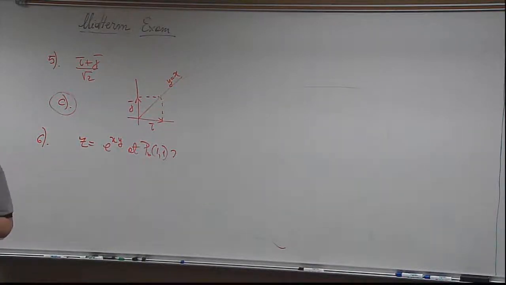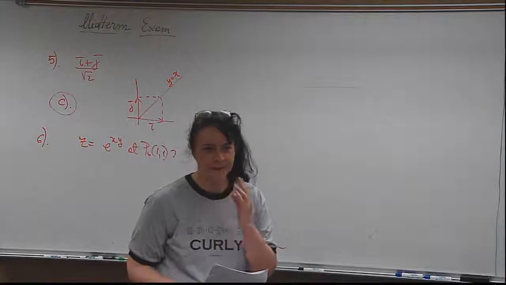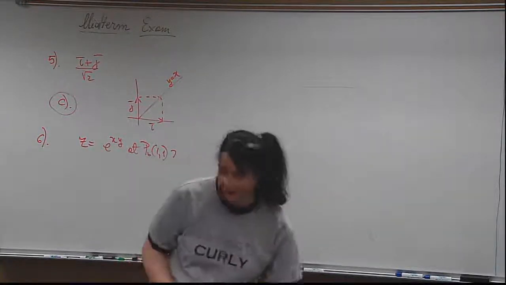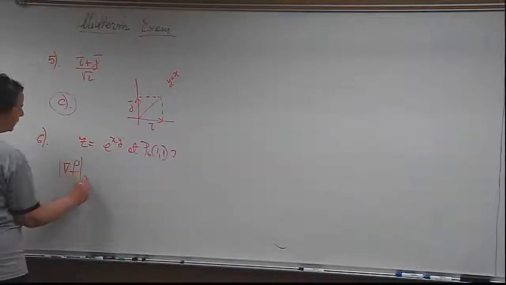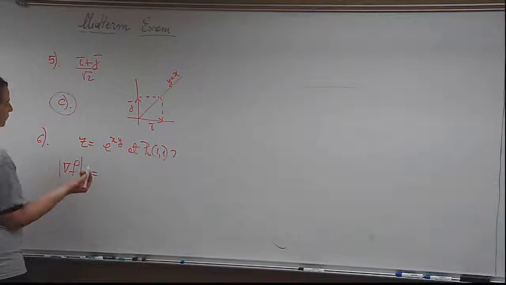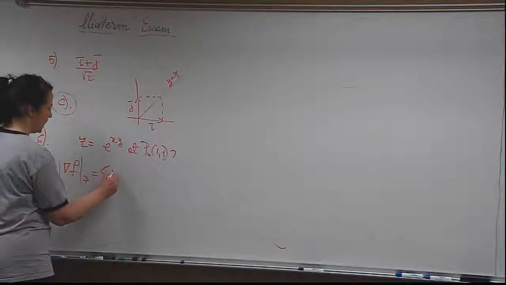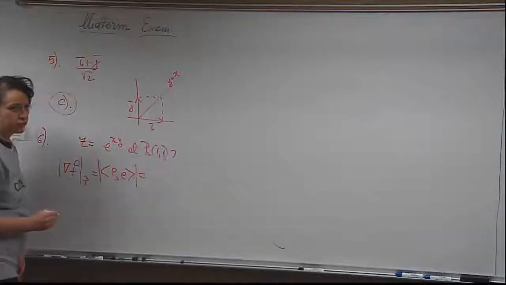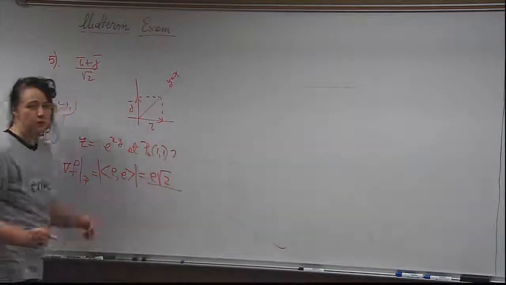There are 2 ways to do it. One is the long way, one's the short way. What's the short way, guys? Just compute the norm, the length of the gradient at the point P. So the answer was e root 2. Am I right? Yep.